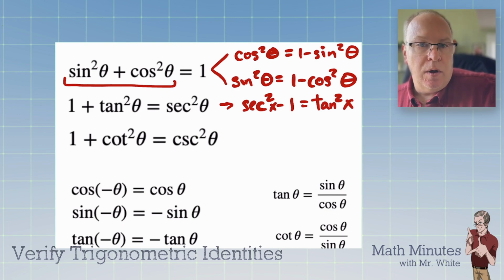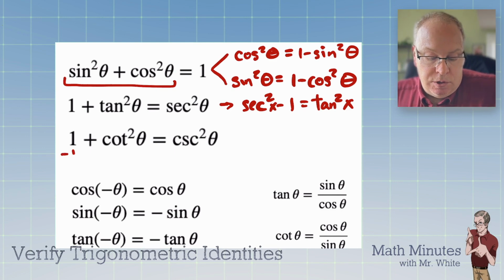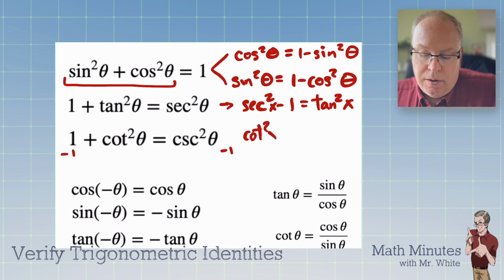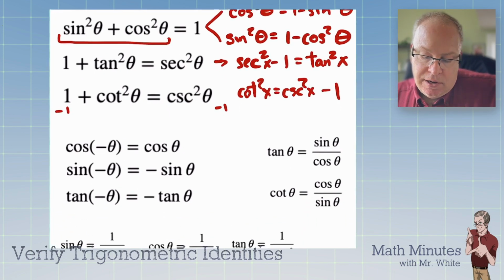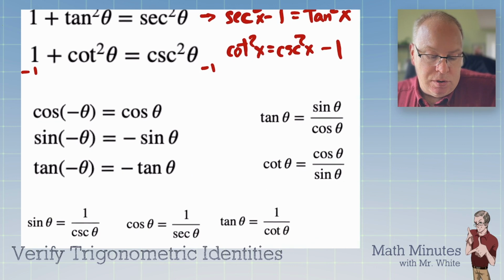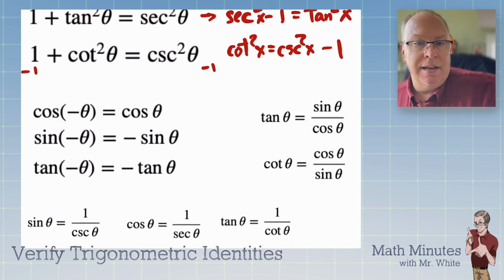So secant squared minus 1 is the same thing as tangent squared. We might see that in some of these problems here in this video. And then also, if you subtract 1 on both sides, you see cotangent squared is the same thing as cosecant squared minus 1.